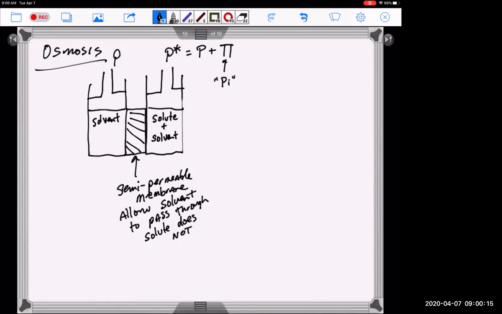So that's one way to think of osmosis. Another way, a much more contemporary way of thinking of it, is an experiment that is much more typical of what would happen in a laboratory.